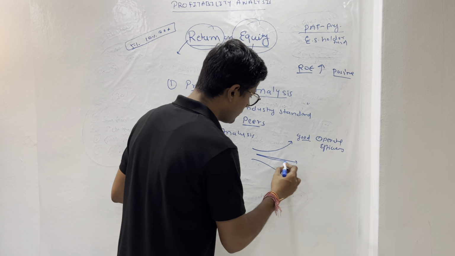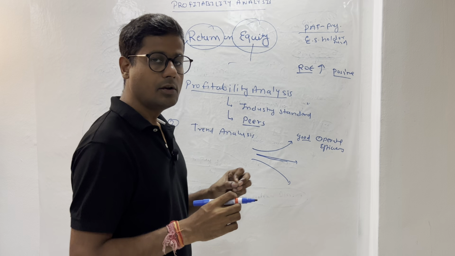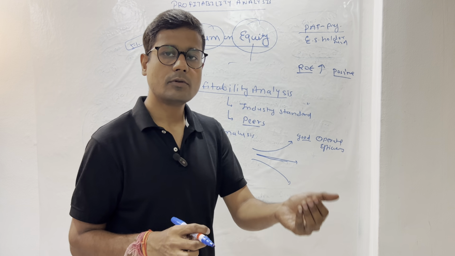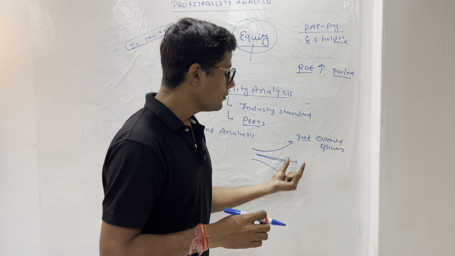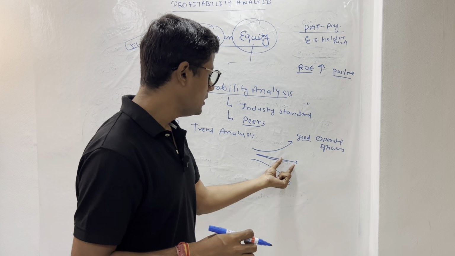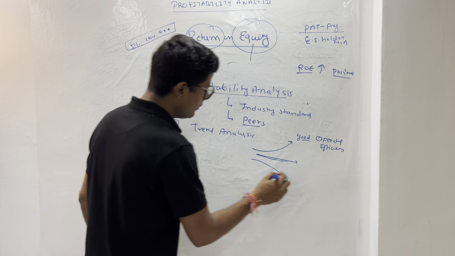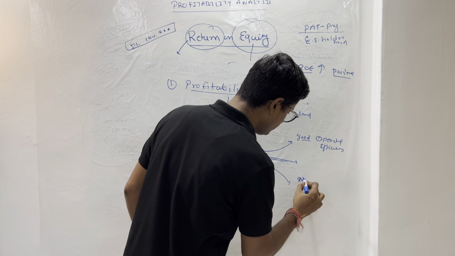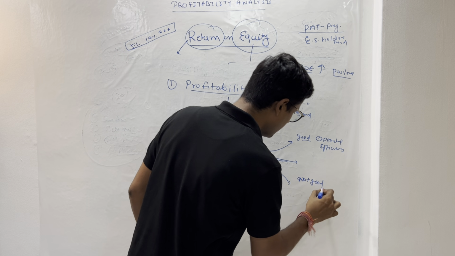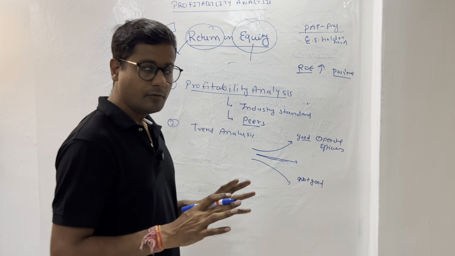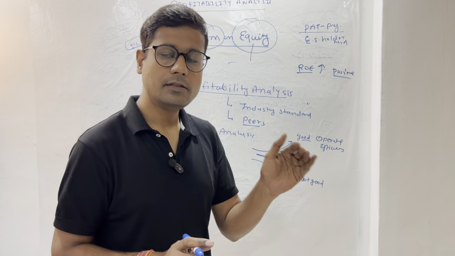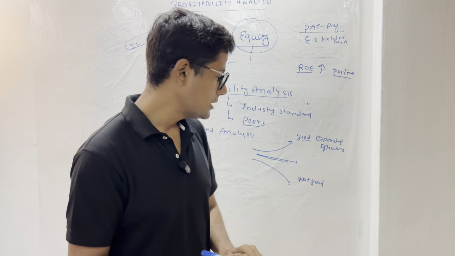If it is constant, then it is still okay, but we always need to think about the future, like what the company is doing to increase this. And if it is going down, obviously that's not good, right? But that is something very high level we understand from increasing ROA, decreasing ROA, or constant ROA.